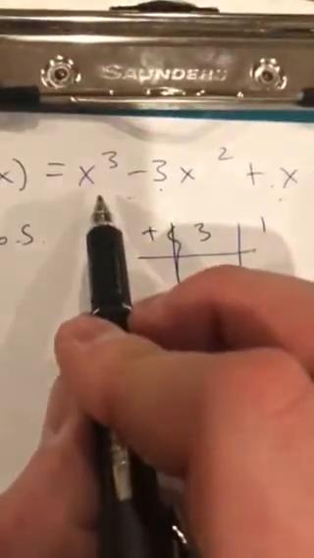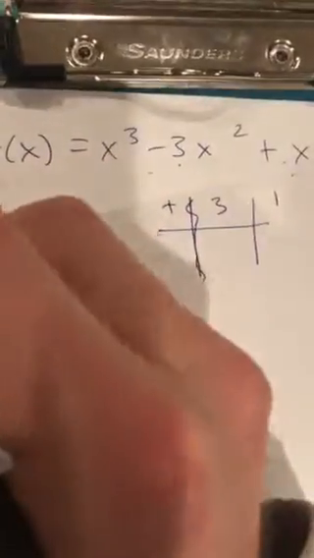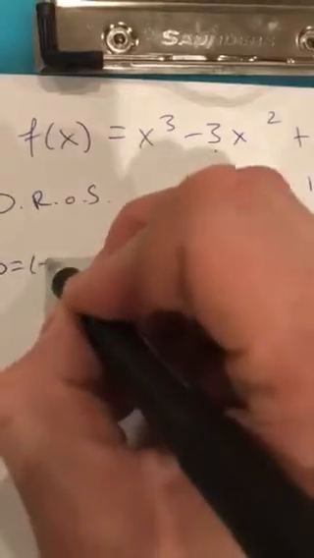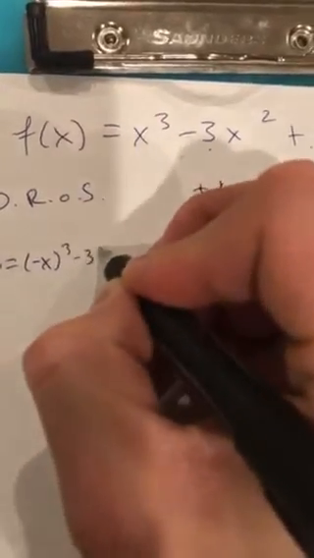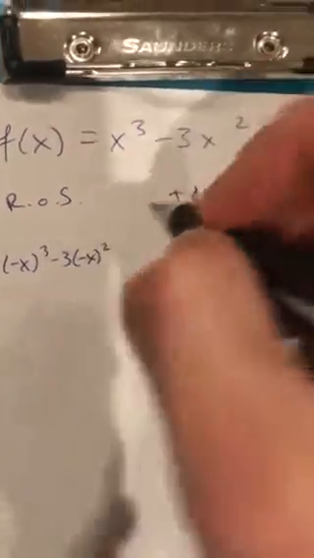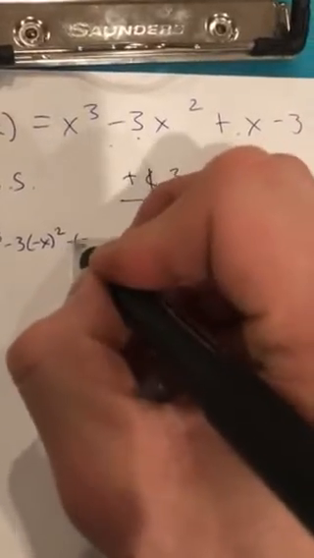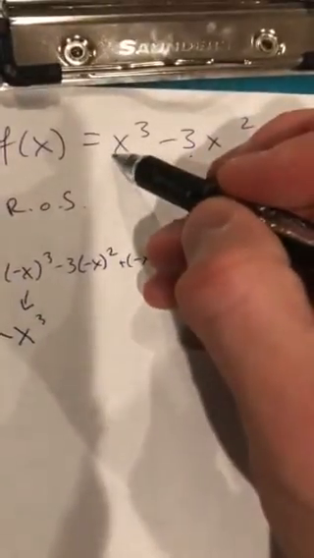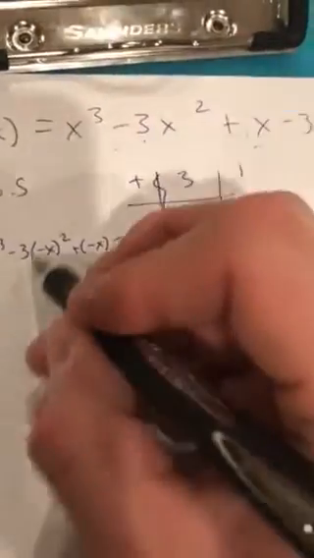If I substitute in negative x, let's do f of negative x. This is going to stay as negative x, which means it has changed from our original one.